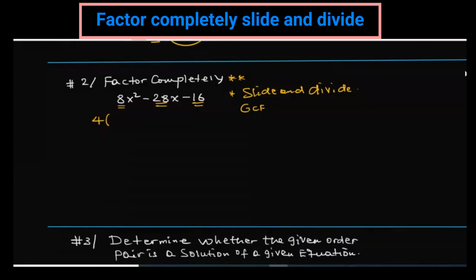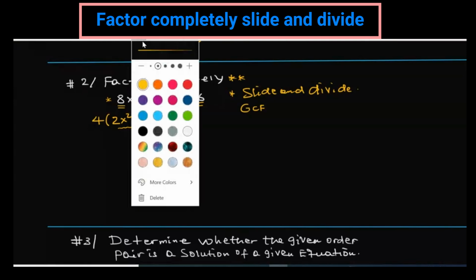So I open parenthesis. 8x squared divided by 4 is 2x squared, because 4 times 2x squared is 8x squared. Then minus 7x, then minus 4, because if I distribute 4 to everything inside the bracket, it will give me back the original expression. Now I have 2x squared minus 7x minus 4.